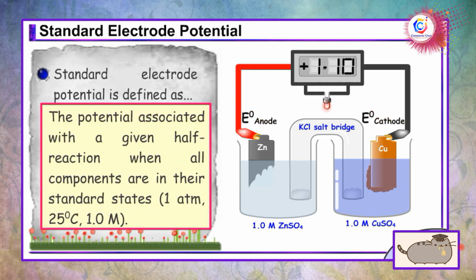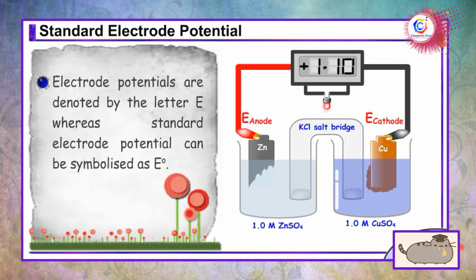Standard electrode potential is defined as the potential associated with a given half reaction with all components in their standard state, 1 atm, 25 degrees Celsius, and 1.0 molar. Electrode potentials are denoted by the letter E, whereas standard electrode potential can be symbolized as E0.